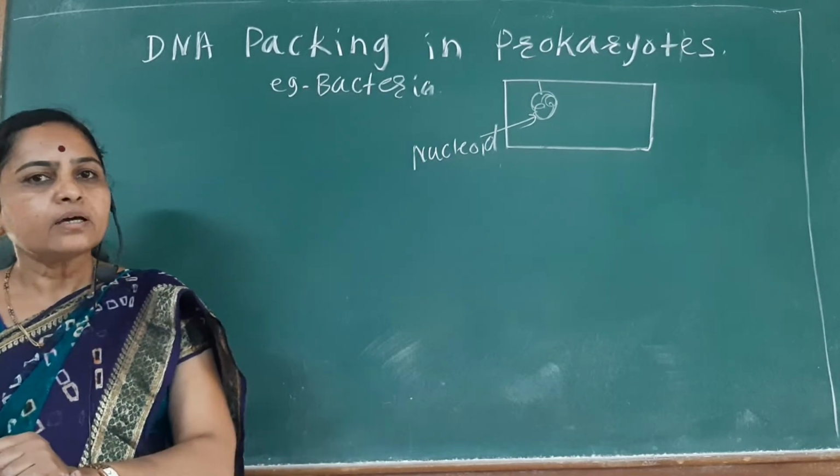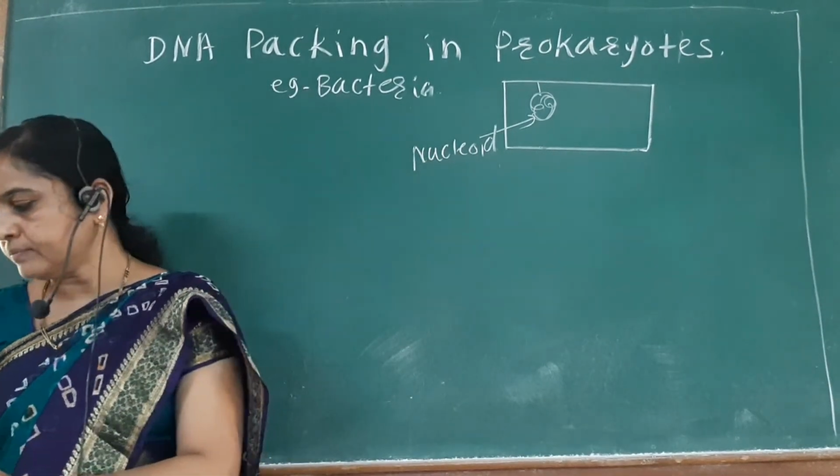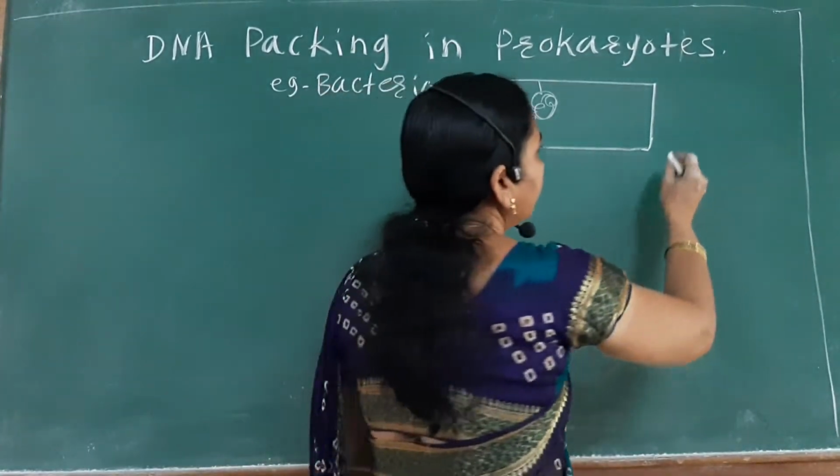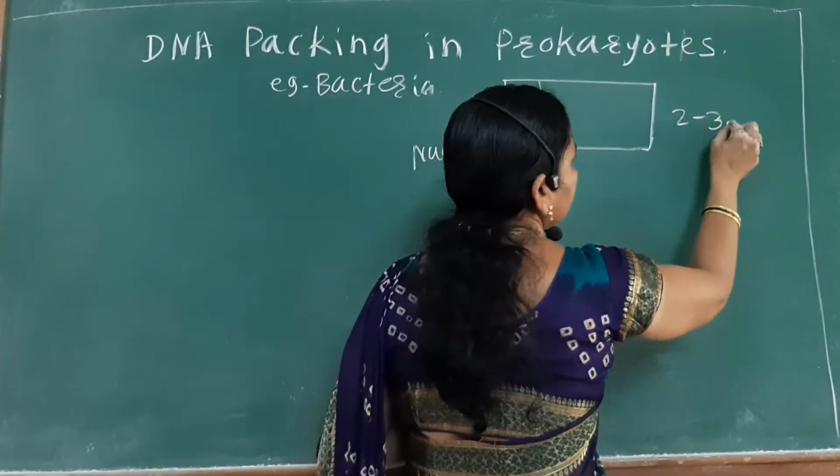If we see the size of the E. coli cell or the bacterial cell, the length of this bacterial cell is 2 to 3 micron.